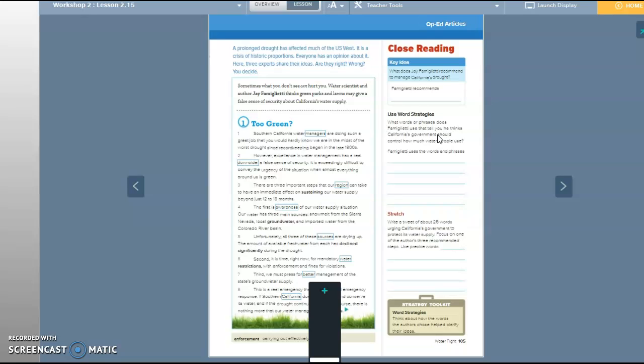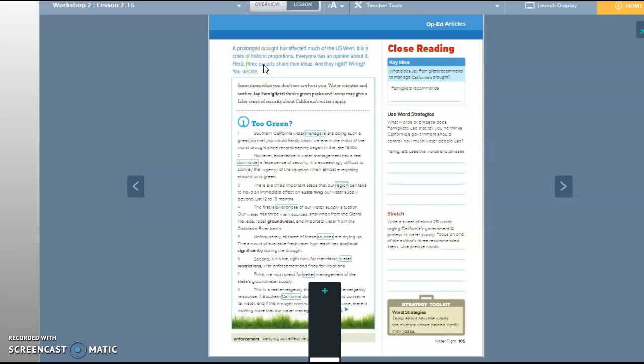Famigletti uses the words and phrases blank. Write a tweet of about 25 words urging California's government to protect its water supply. Focus on one of the author's three recommended steps. Use precise words.